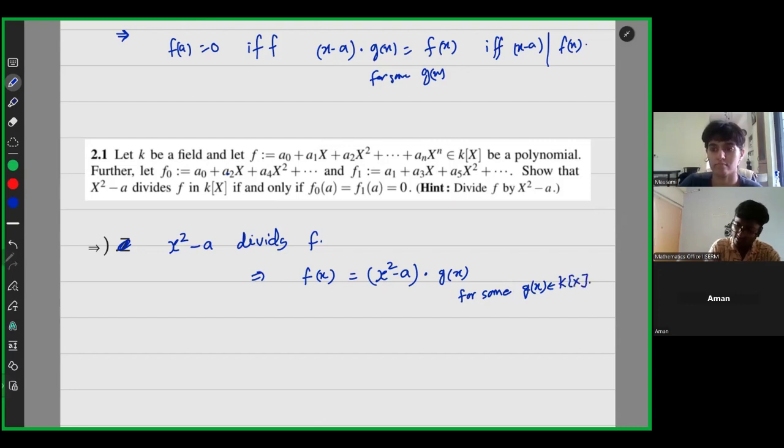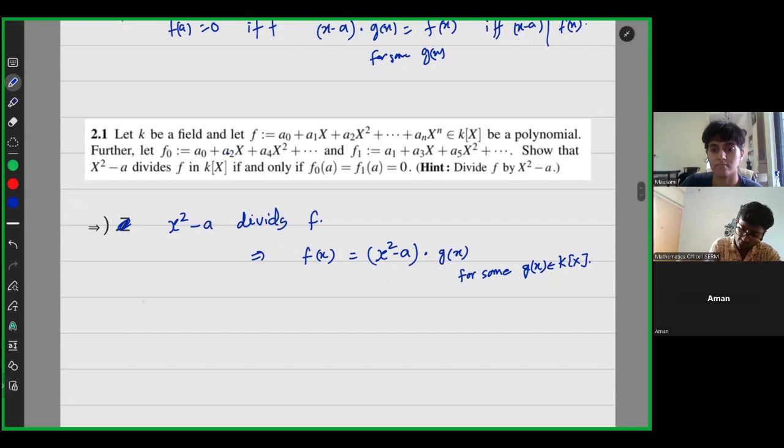And we want to show that f0 of a and f1 of a are both 0, right? So what to do for them? Can we produce f from f0 and f1? Some relation about them.